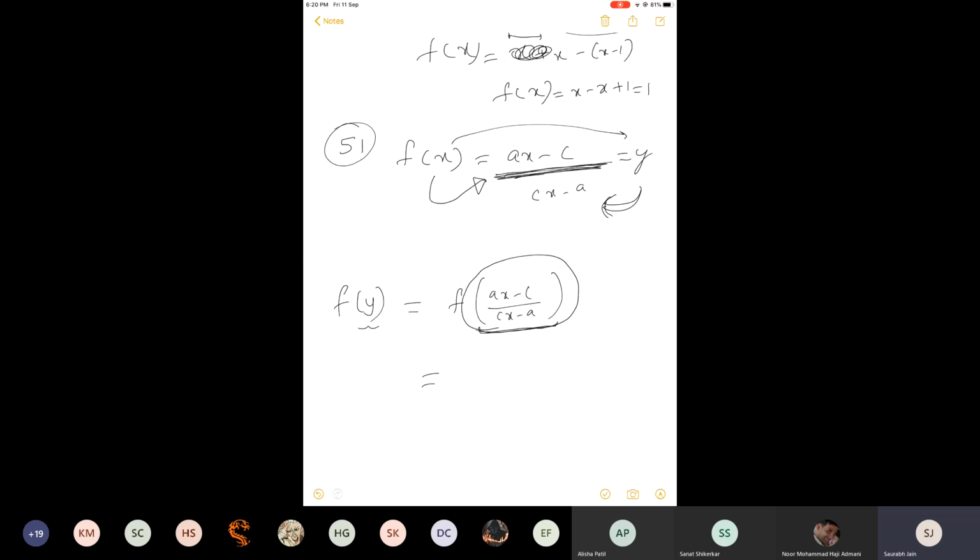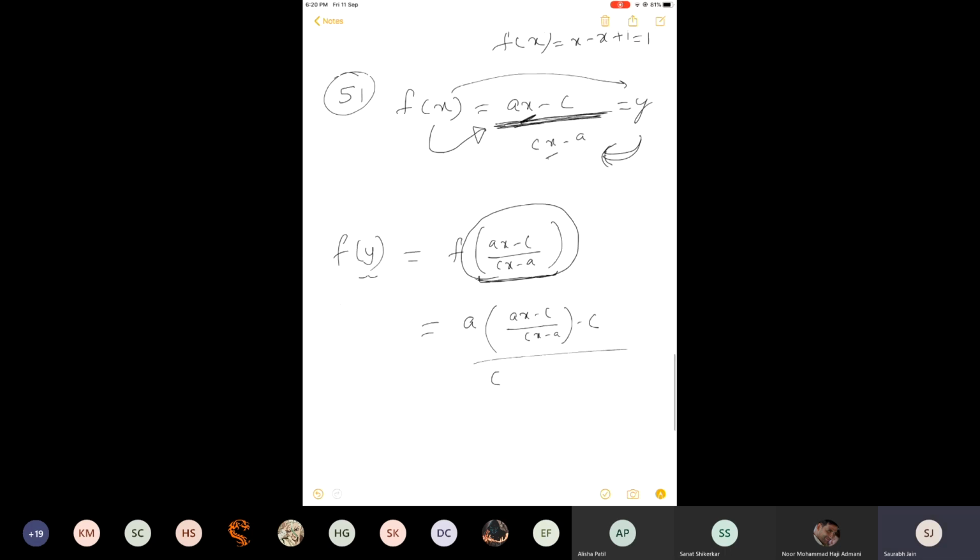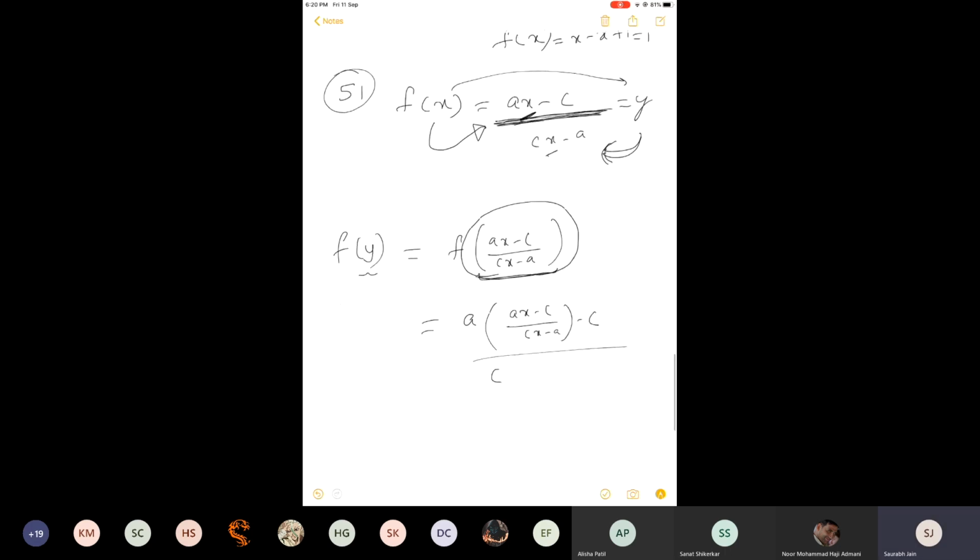So if this whole term which I have circled is acting as x, I will have to put it here and here also. So that means a times this thing which is acting as x minus c upon c times this thing which is acting as x, or this expression, minus a. This will be our answer.